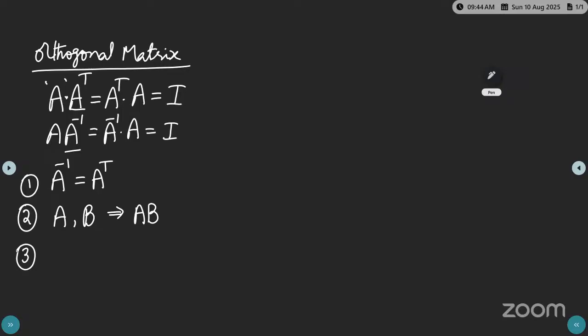Next, if A is orthogonal, A transpose is also orthogonal.